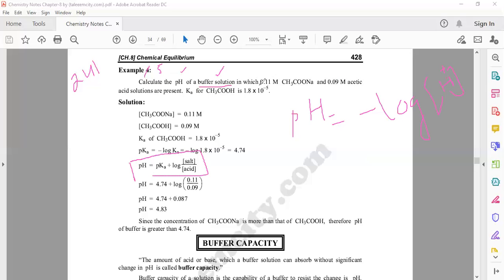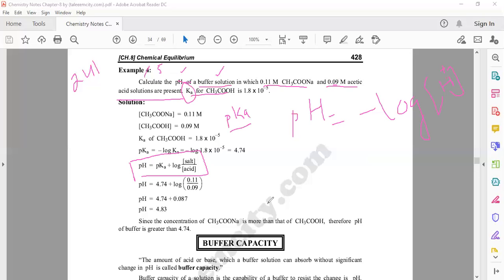Okay, in which 0.11 molar sodium acetate, 0.09 molar acetic acid, and Ka for acetic acid is 1.8 exponent minus 5. Ka is given, not pKa. In the Henderson equation the value of pKa is added, not Ka. So you have to convert it.